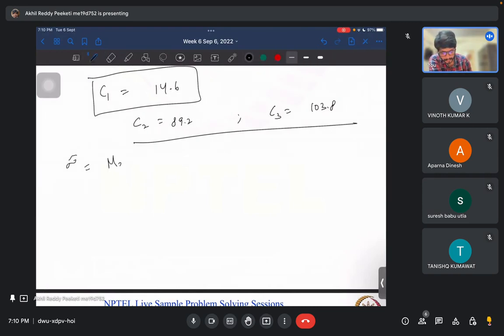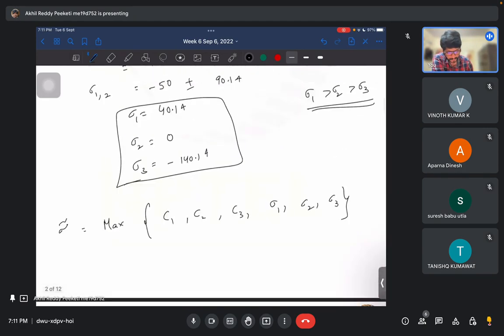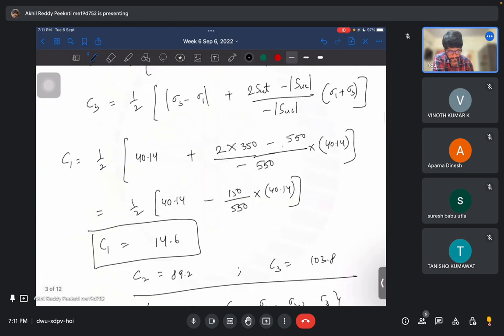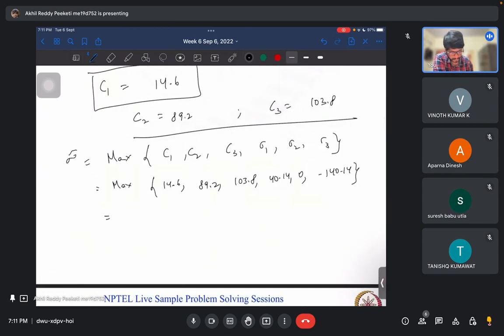Sigma effective is the maximum of C1, C2, C3, sigma 1, sigma 2, sigma 3. So 14.6, 89.2, 103.8, and sigma 1 is 40.14, 0, minus 140.14, right? What is the maximum value in all this? It's C3, so 103.8.